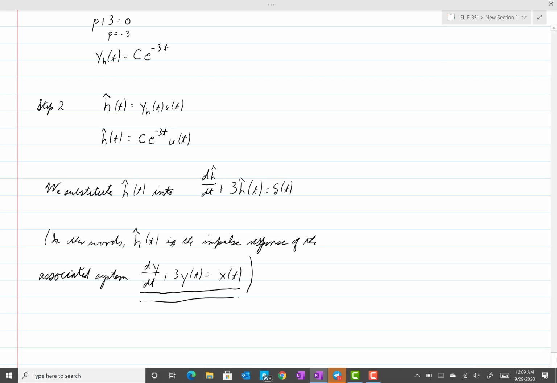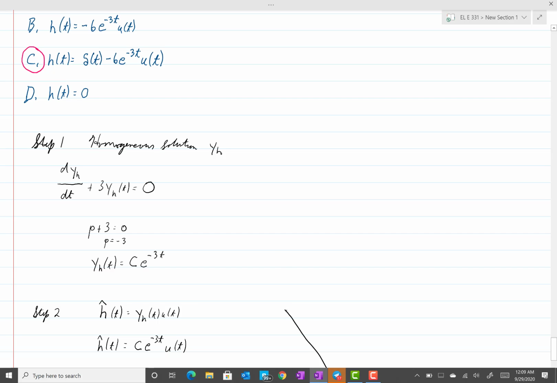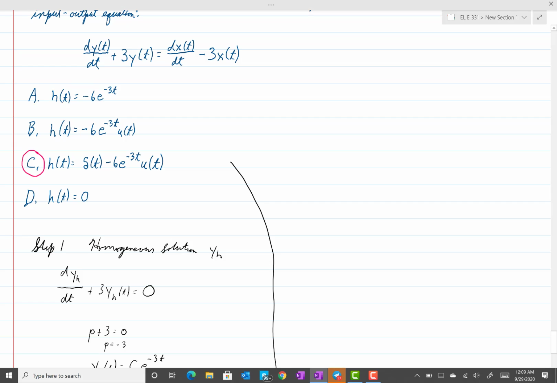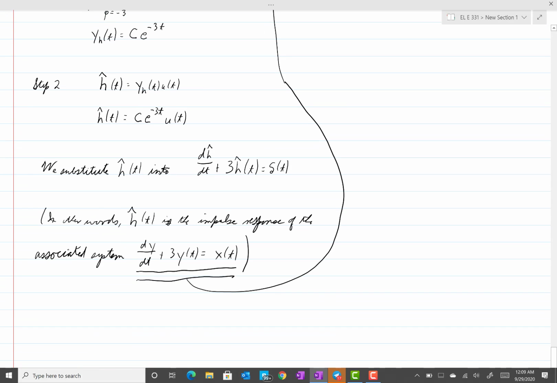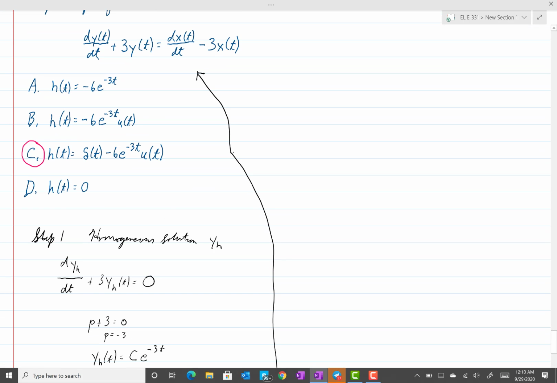This is an important point. Compare that system equation with the one we have at the beginning. You see that the system equation of this associated system is exactly the same as the system equation of the original system on the left-hand side.